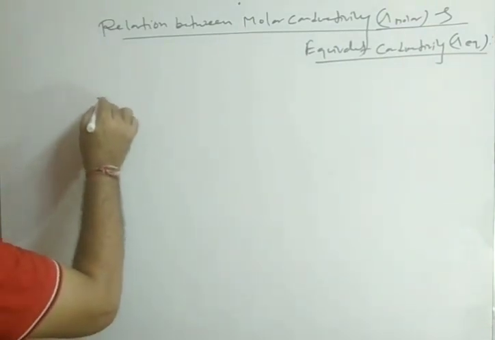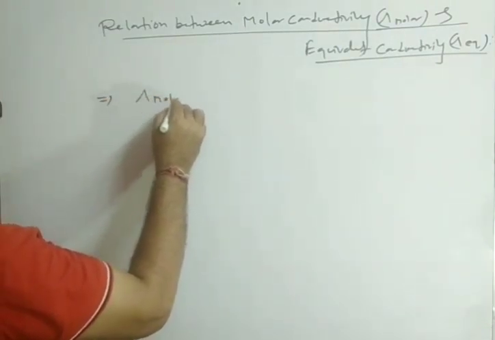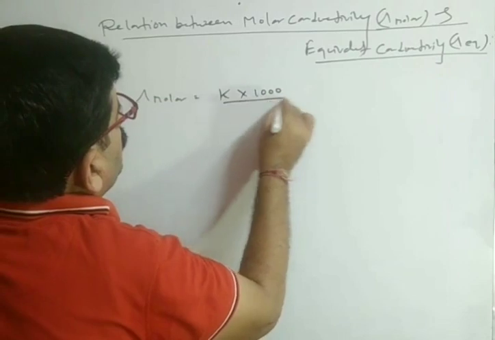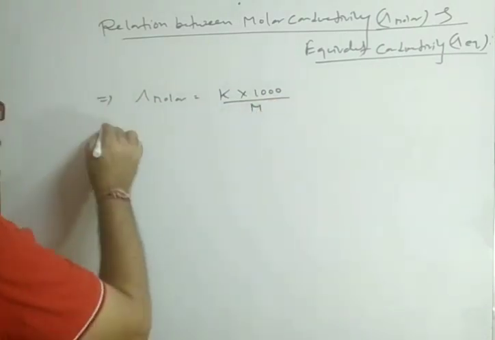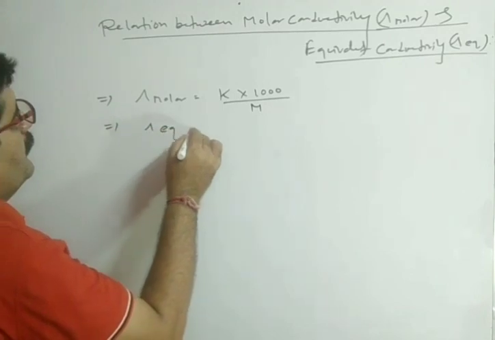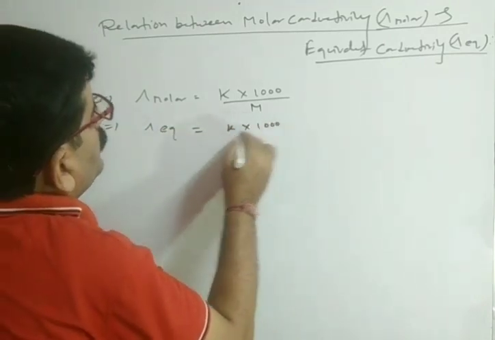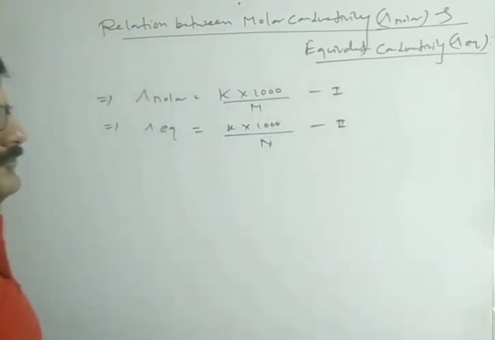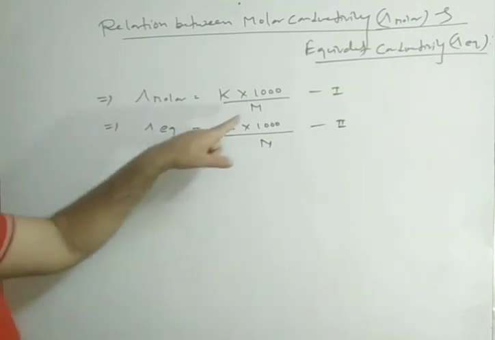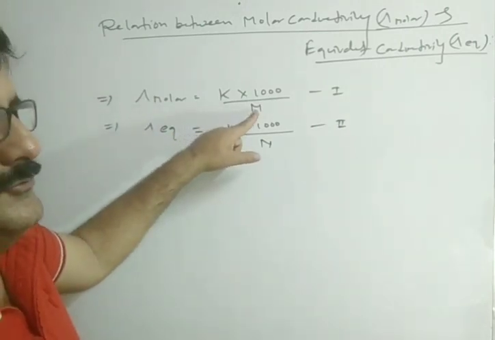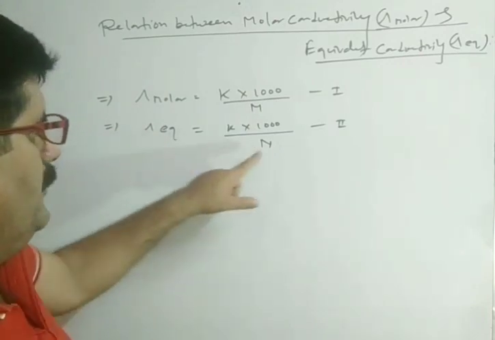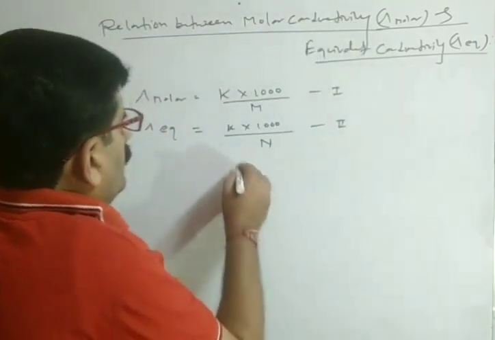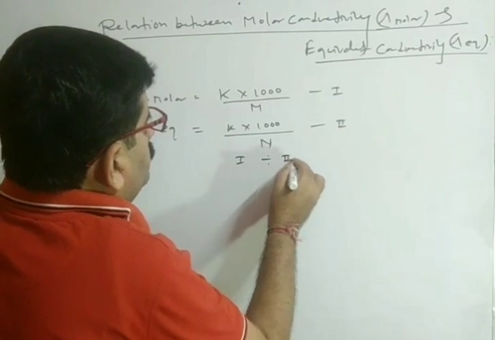You know very well, molar conductivity can be written as K into 1000 divided by M, and equivalent conductivity K into 1000 by N. This is equation 1, this is equation 2. In case of molar conductivity, here is written M. M is molarity of the solution. In equivalent conductivity, here is written what? N. N is equal to what? Normality of the solution.